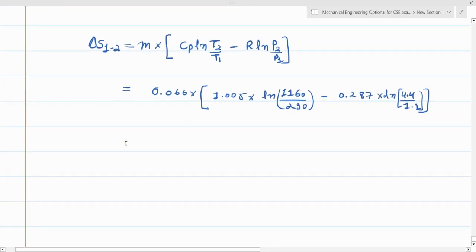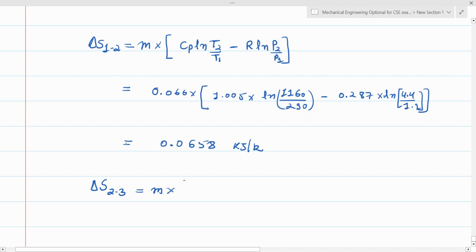Now this comes out to be 0.0658 kilojoule per Kelvin.